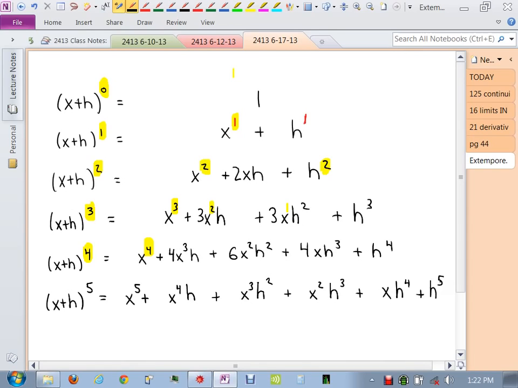Okay. Now we just need to determine what we call the coefficients, the numbers. So to help you see the coefficients, I'm going to illustrate them. Here's 1, right? This was a 1 in front of both the x and the h. See the 1, 1 there? The next row was 1, 2, 1, wasn't it?